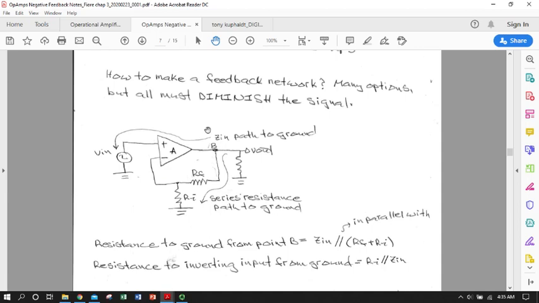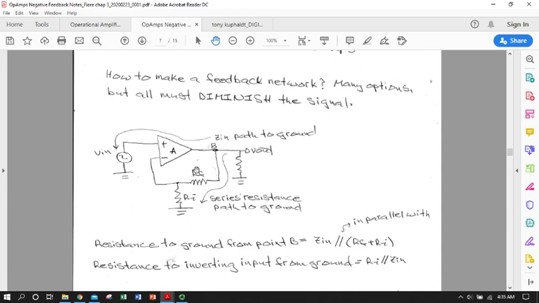Theoretically, we could feed it back into the non-inverting terminal, but we would have to have some kind of circuit which flipped the phase around 180 degrees. Since the op-amp circuitry itself has a means to do that in the form of the inverting terminal, it makes a lot of sense to just take something that will select a portion of our output signal, like a voltage divider here, and just connect it right into the inverting terminal.